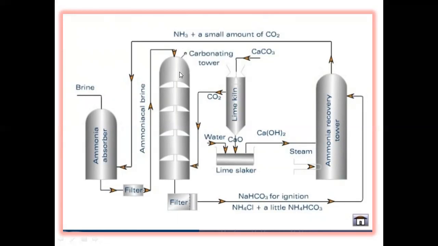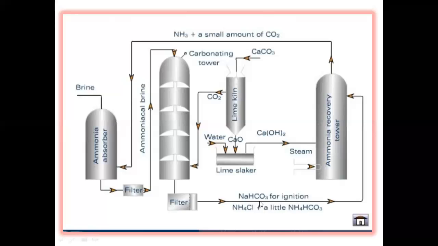After passing the carbon dioxide gas through this carbonating tower, as I told you, the products sodium hydrogen carbonate and ammonium chloride will form. Also, a little ammonium hydrogen carbonate will form.